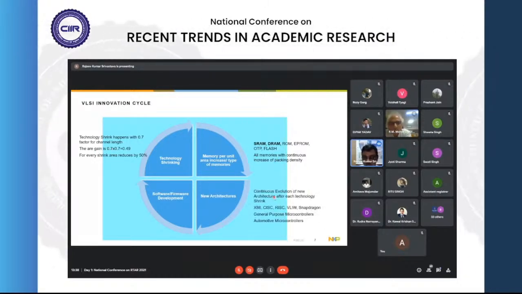The third one is continuous evolution of new architectures with each technology shrink. The moment you move to a new technology shrink, engineers say, okay, now we can add more functionality into the same chip. Let's do that. And in that way, they put a lot of things into a single chip. You can see a lot of examples of architecture development. You have CISC processors, RISC processors.